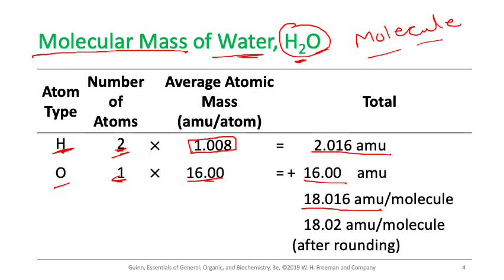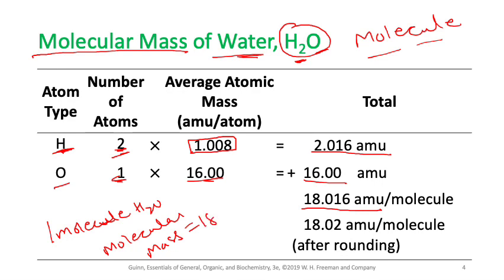So I can say one molecule of water has a molecular mass of around 18.02 grams, right? So this is how you normally calculate the molecular mass for any molecule.